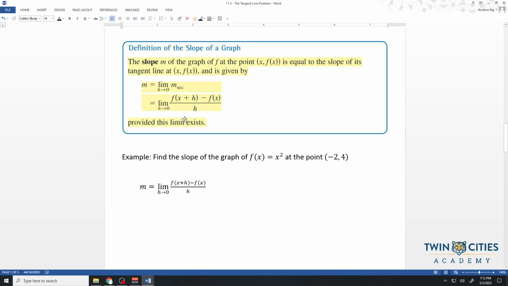What that means is as the distance between those two points gets closer and closer to 0, it's going to approach the slope.